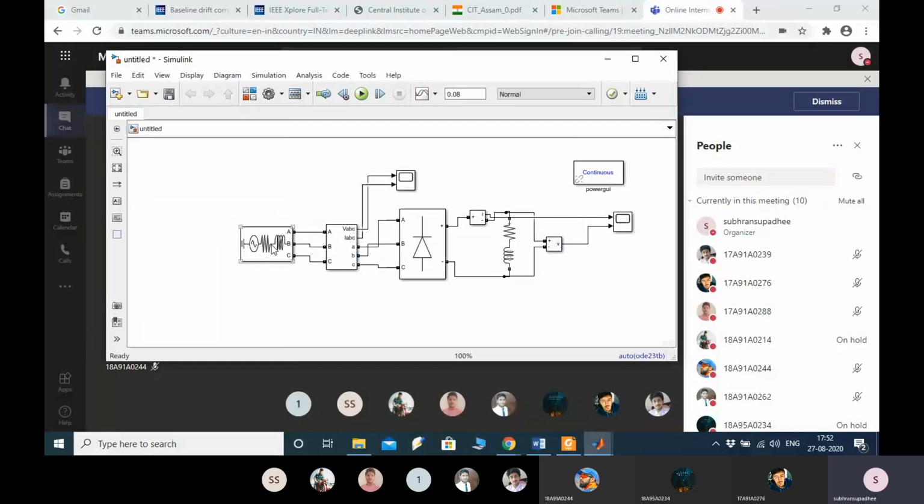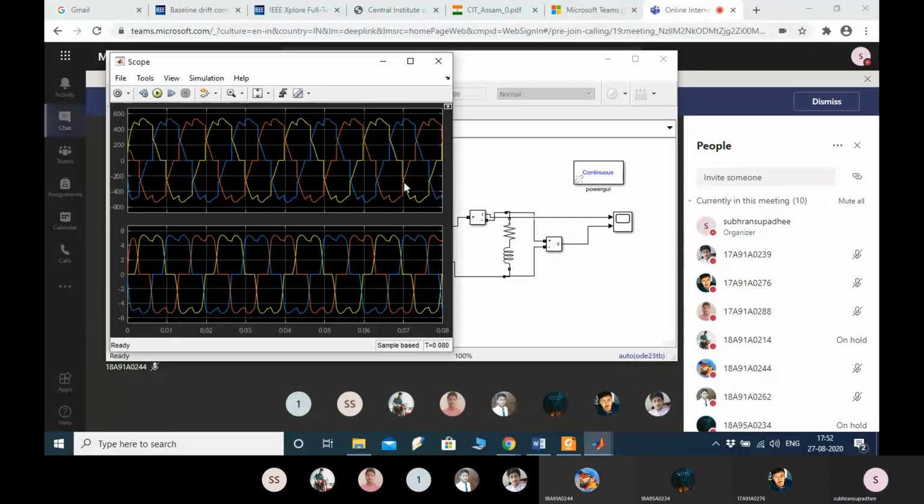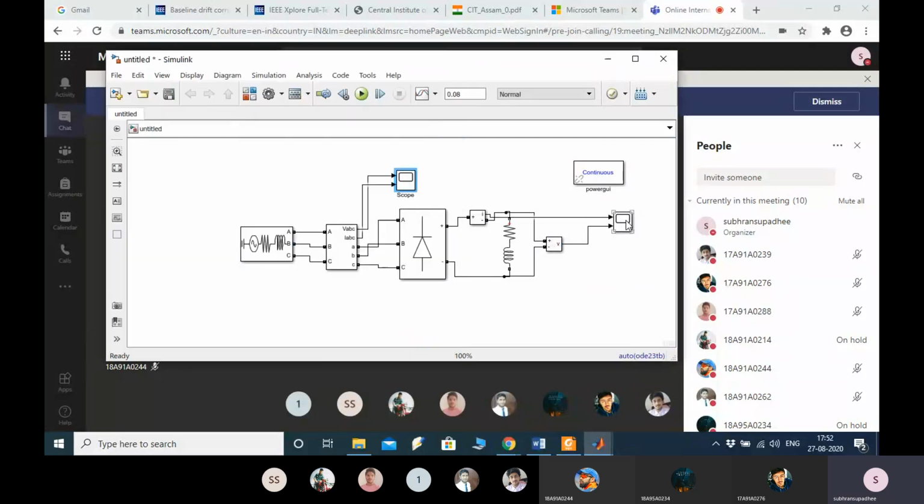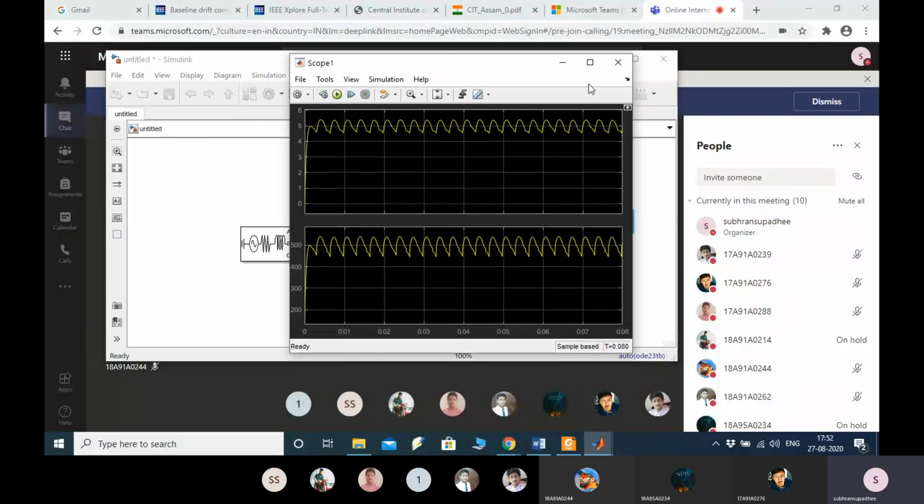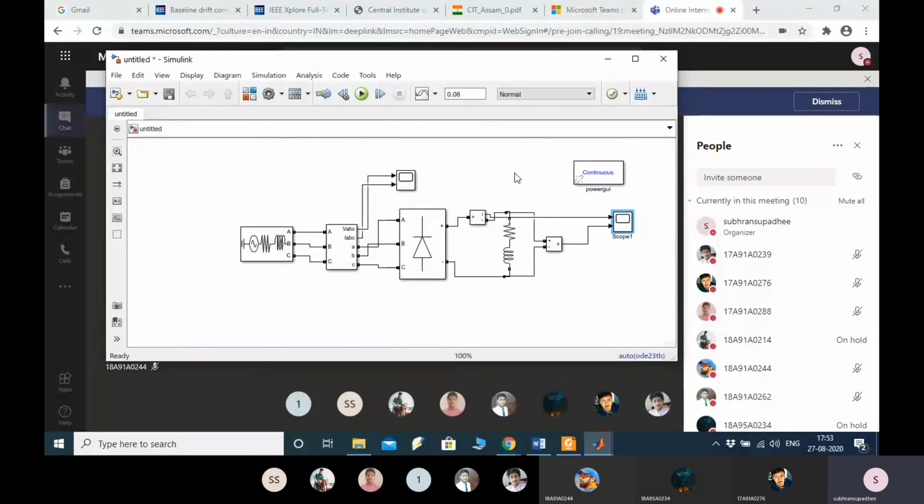So the setup changes over here, and when I change it, the nature of the waveform changes. The nature of the waveform changes because of the inbuilt resistance as well as the inductance, but there is less change in your output voltage as well as the output current.